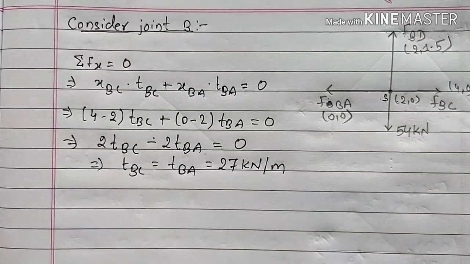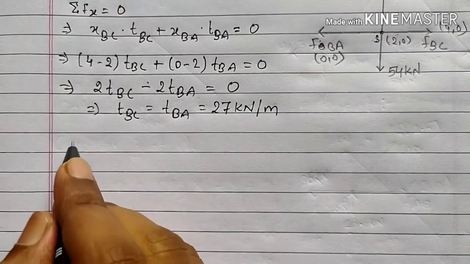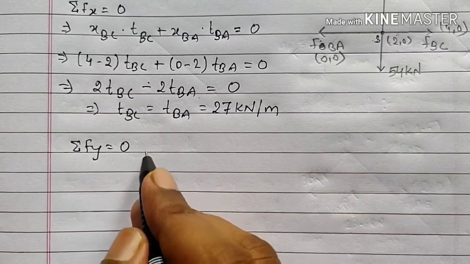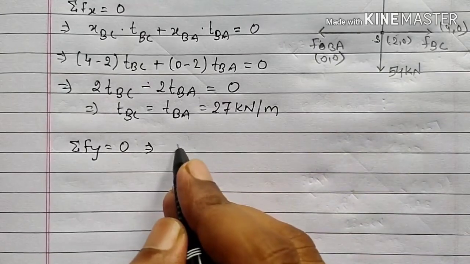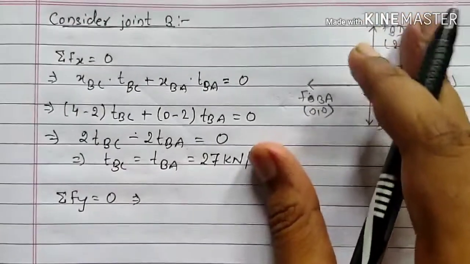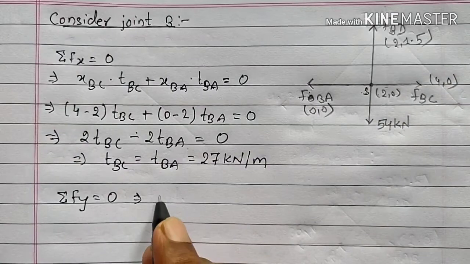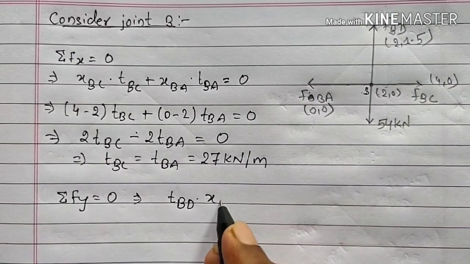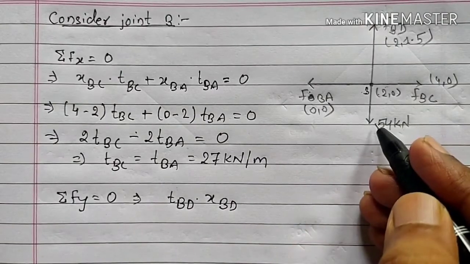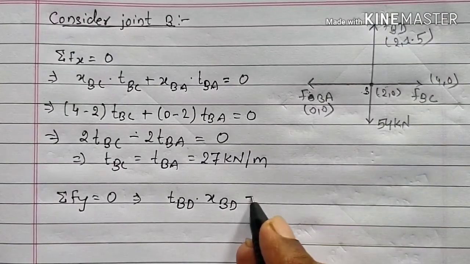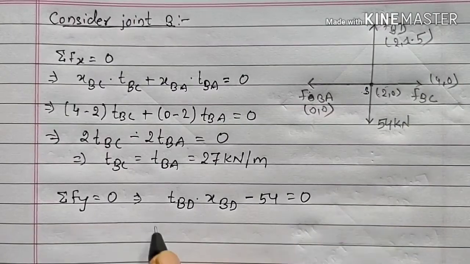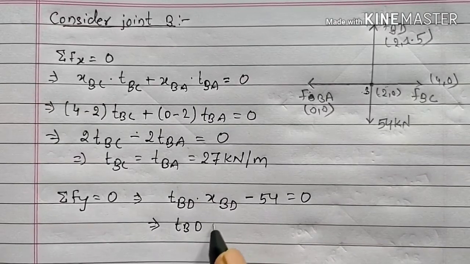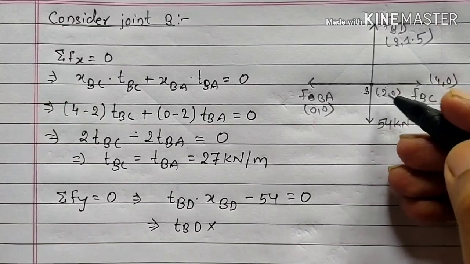Now let's move toward Fy equals to 0. So for Fy equals to 0, we will again have here in y direction. In y direction we have force BD, so it will be written as TBD into YBD, and this 54 kilonewton is acting downward, so this will be minus 54 equals to 0, and we will have here TBD into YBD.